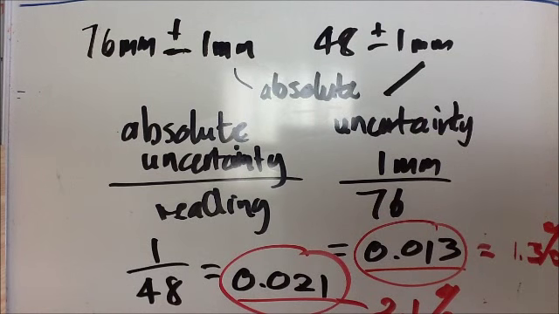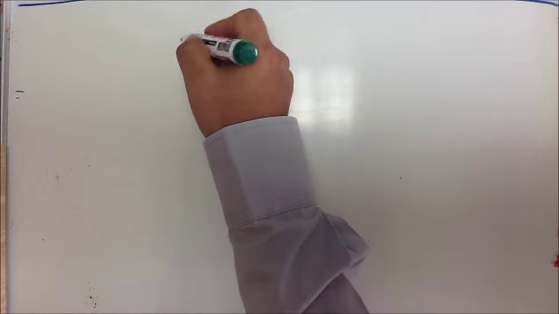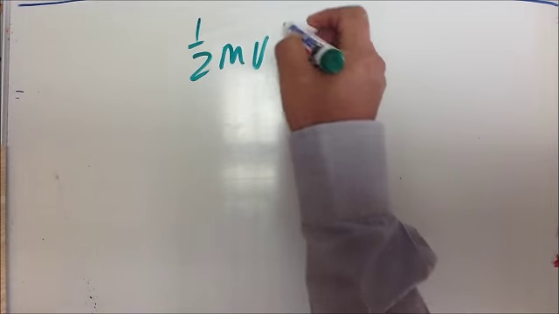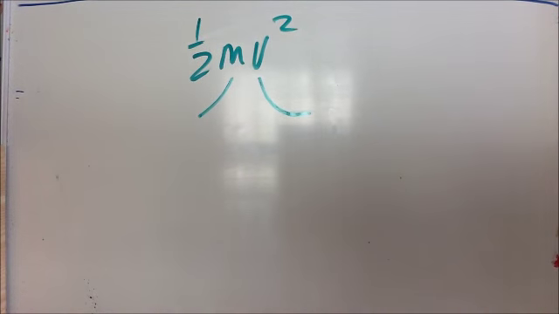Now the question is, what do we do when we have more than two uncertainties? We have, let's say for example, an equation with half mv squared. We've got an uncertainty of m and we've got an uncertainty of v.